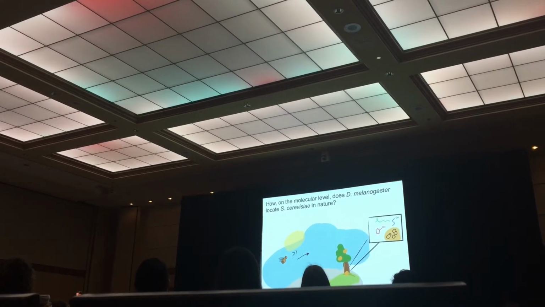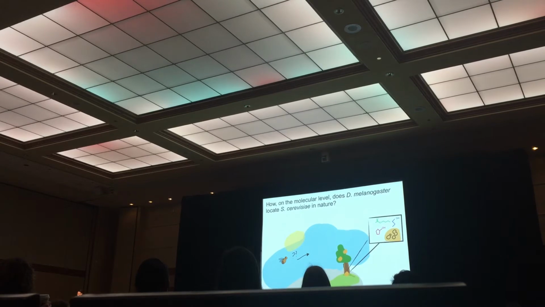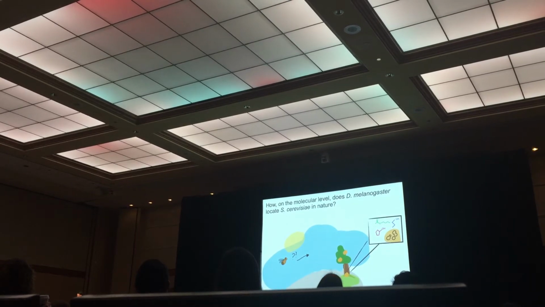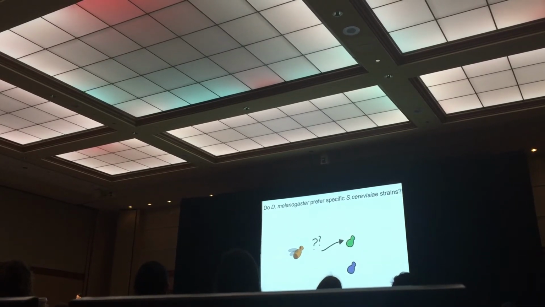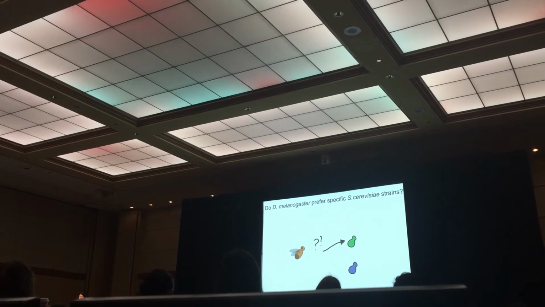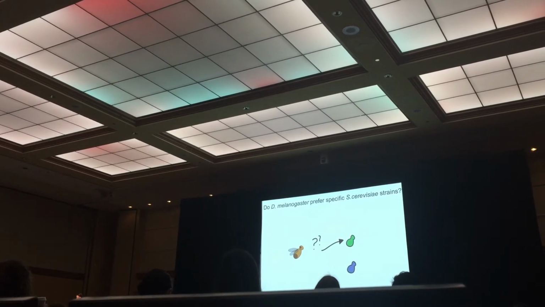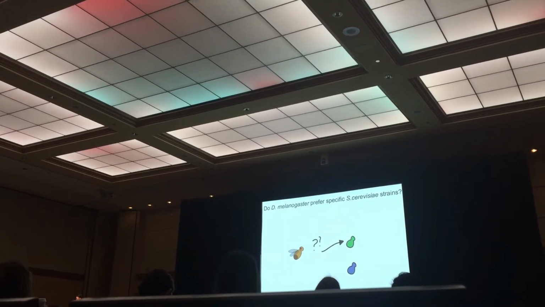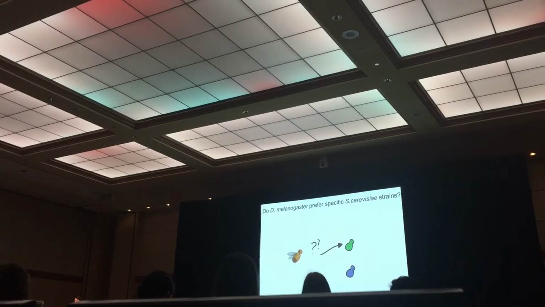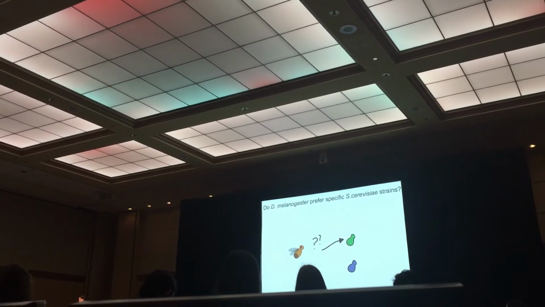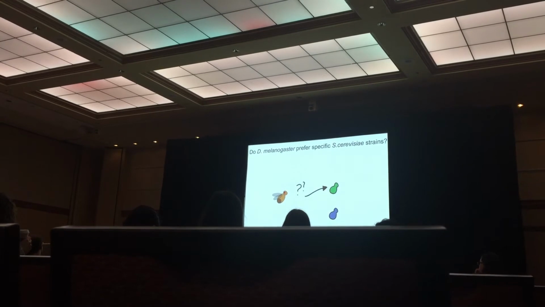So the first question that I wanted to ask was, do Drosophila melanogaster prefer specific yeast strains over others based primarily on how they smell? I reasoned that if I could find strains that differed in their preference, I could use yeast genetics to understand the molecular basis of these differences.